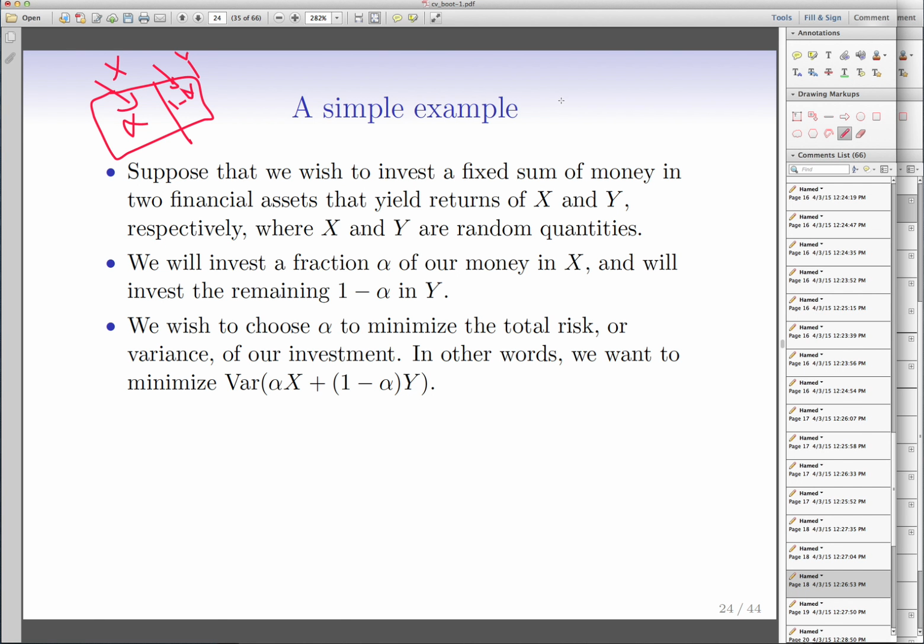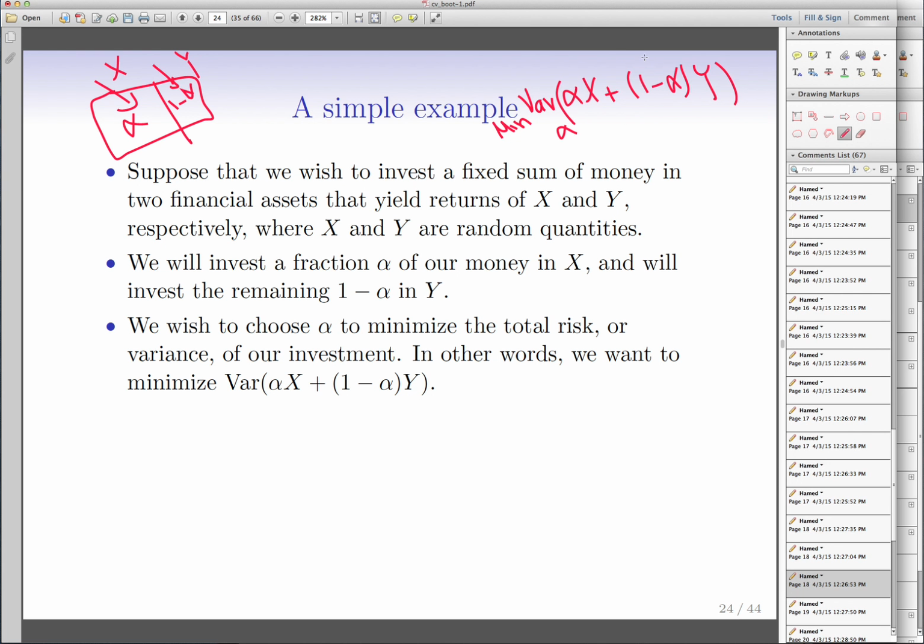Usually in finance, we are interested in minimizing the risk. So the total money we spend is alpha X plus 1 minus alpha Y. Risk in mathematics is variance. So we are trying to minimize this risk by choosing an appropriate alpha, minimizing the variance over alpha.